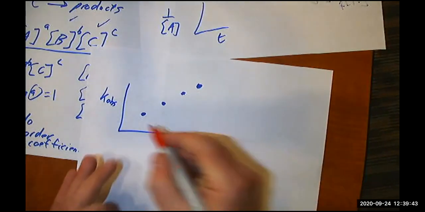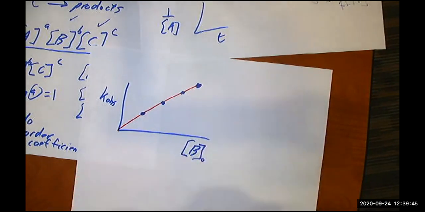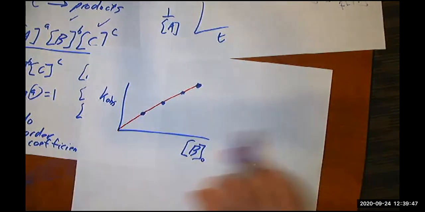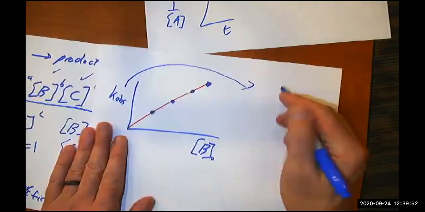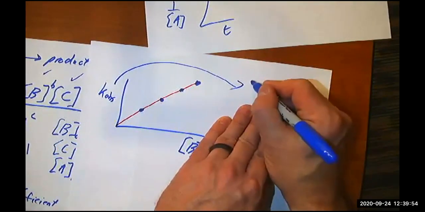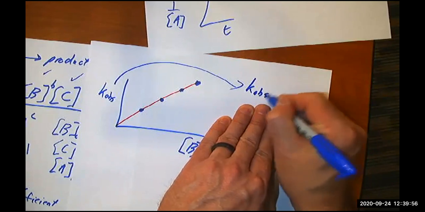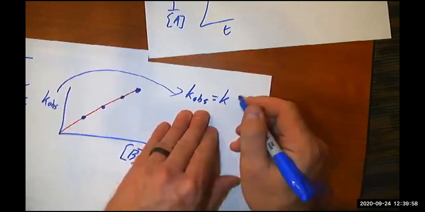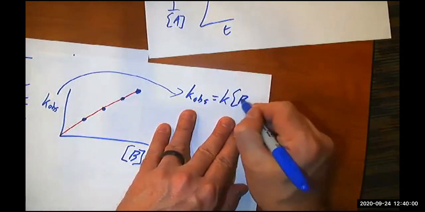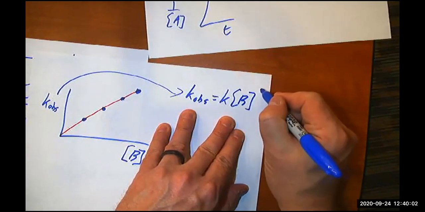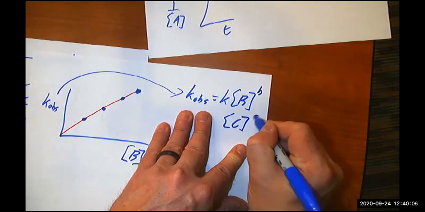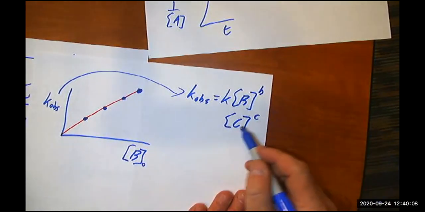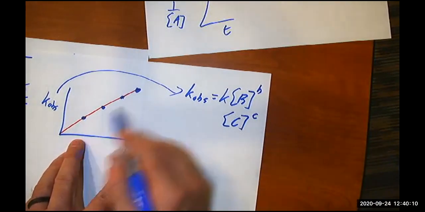Now, the way I've drawn it here, it looks like a straight line going through 0. So if we look at our form of K observed, equals K, concentration of B to some power times concentration of C to some power, but C is not changing in this set. We're just changing how much B there is.